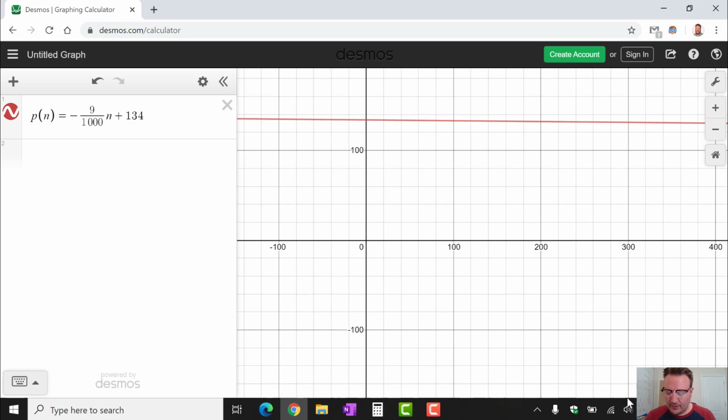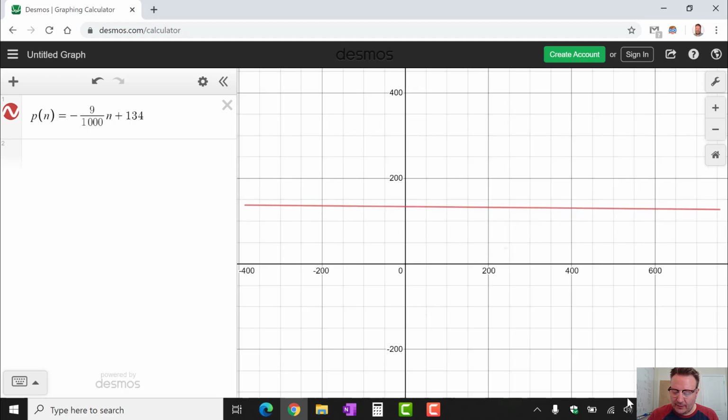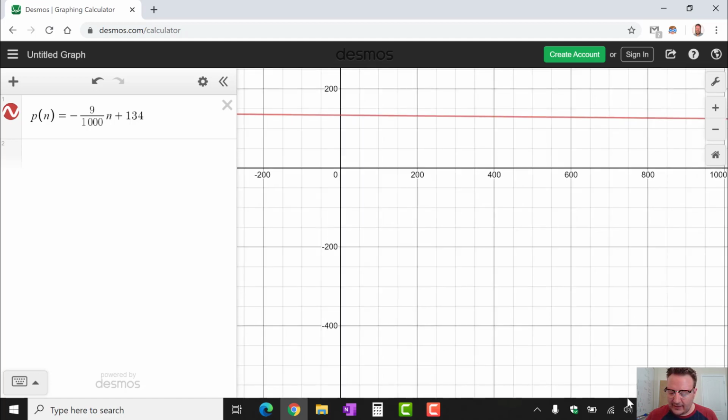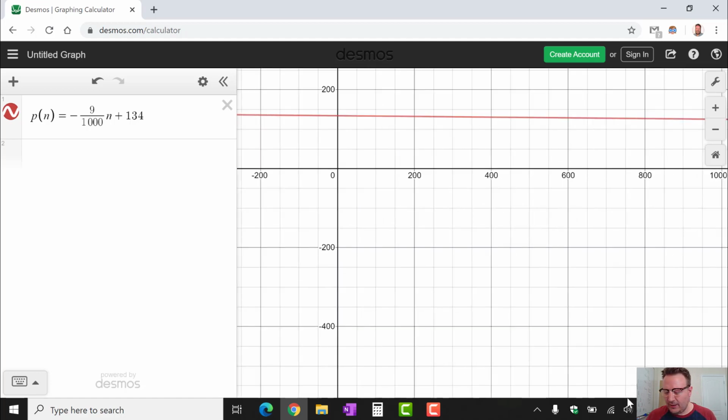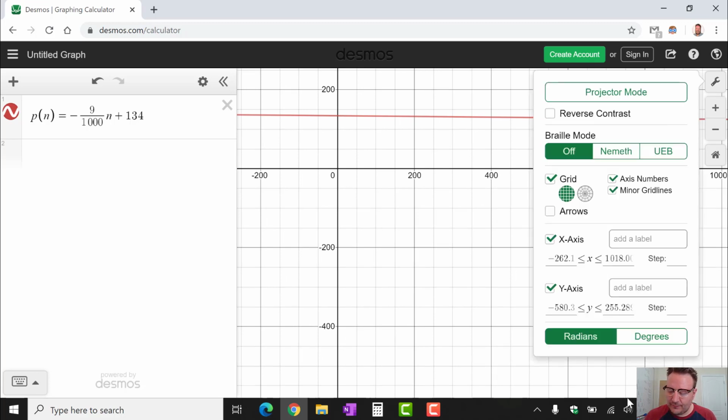But I want to change my scale now on the x-axis because the slope is really, really shallow. So let's change the y coordinates. In fact, let's change the x ones as well.